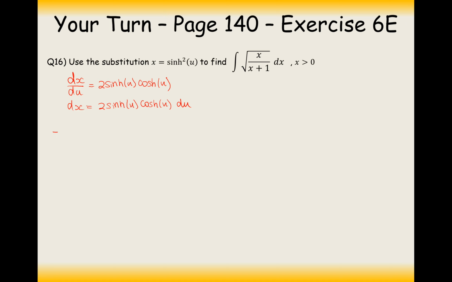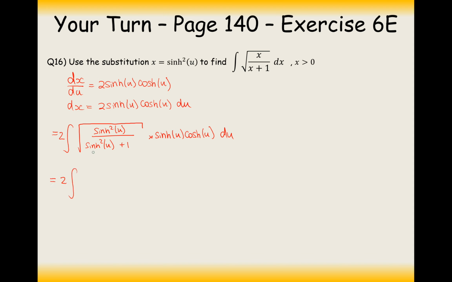So let's now work out what this integral is going to be. It's going to be the integral of the square root of x, which is equal to sinh squared u, over sinh squared u plus 1, times, I'll put the 2 at the front, sinh u cosh u du. Alright, so let's work out what this simplifies to.